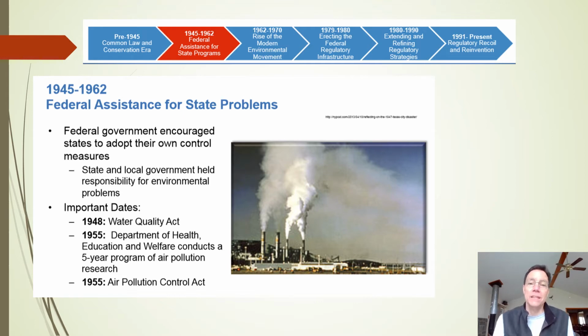So this is called voluntary compliance. States were supposed to voluntarily put restrictions on what people can dump into the water, what people can release into the air, or what pesticides can be used. This wasn't very successful, as you might guess, because in a lot of cases states didn't have the funding for this, or weren't willing to tax themselves to raise it.